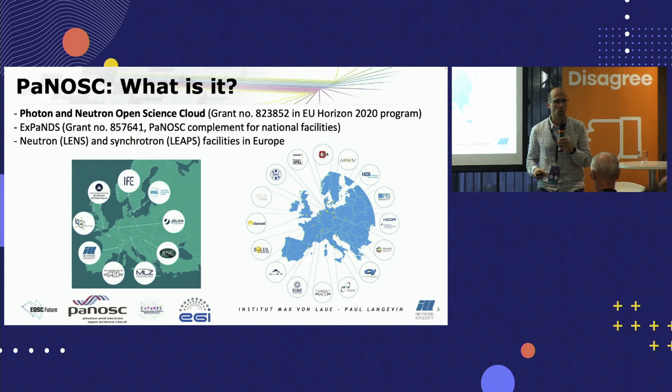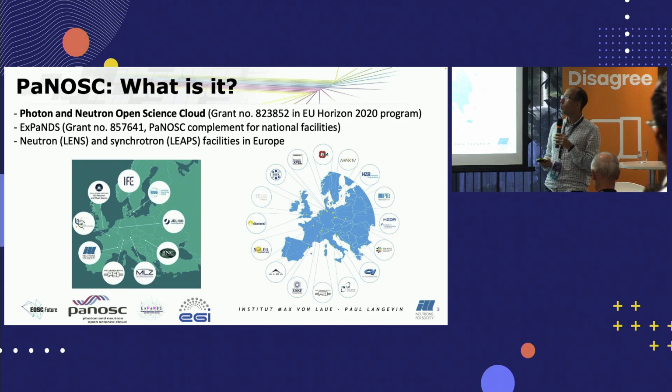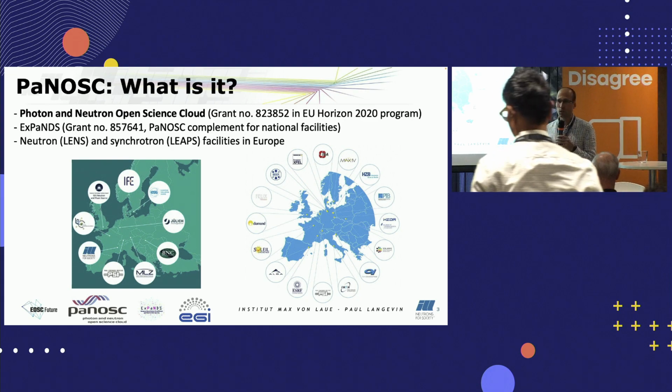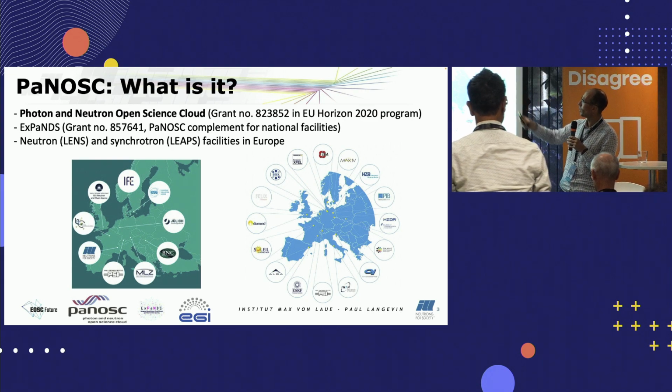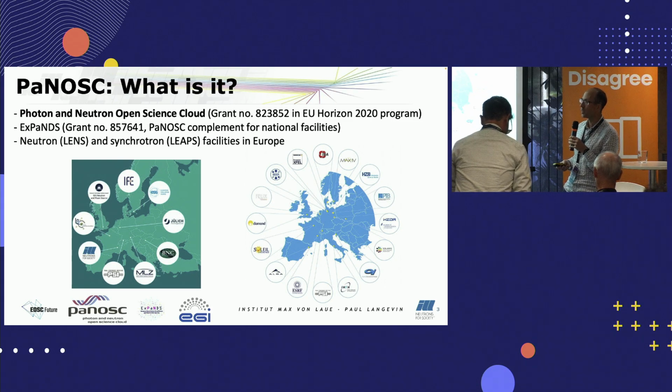I suppose that most of you are not aware of what PANOSC is. This stands for Photon and Neutron Open Science Cloud. This was a European project where we tried to develop the data policies, the infrastructure and the tools to make our data as FAIR as possible. This project applied only to multinational facilities, so it was complemented with PaNOSC's sister project, which applied also to the national facilities.